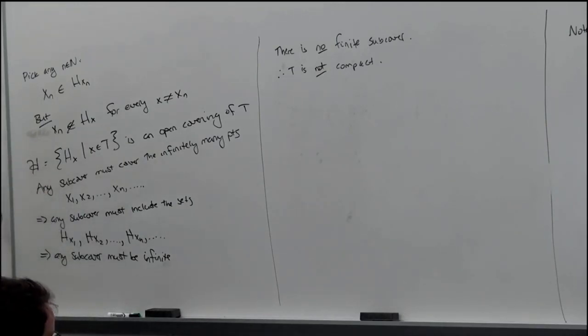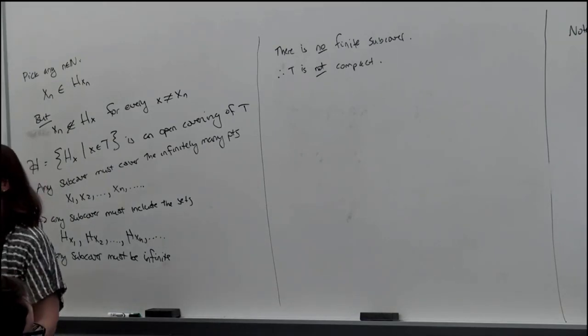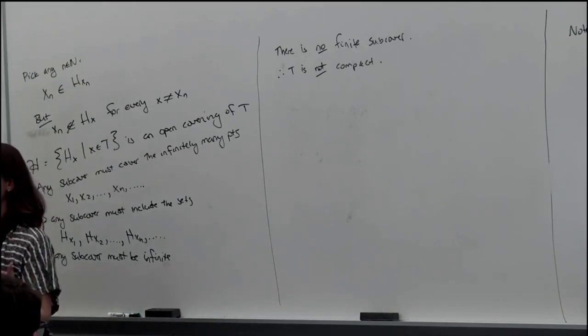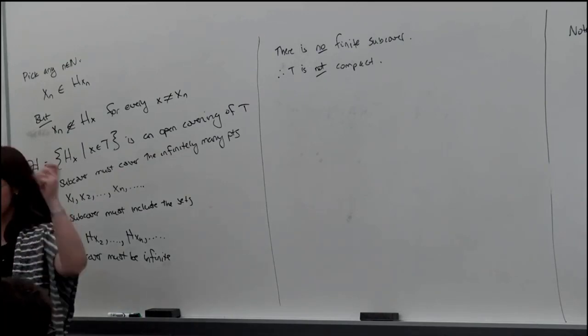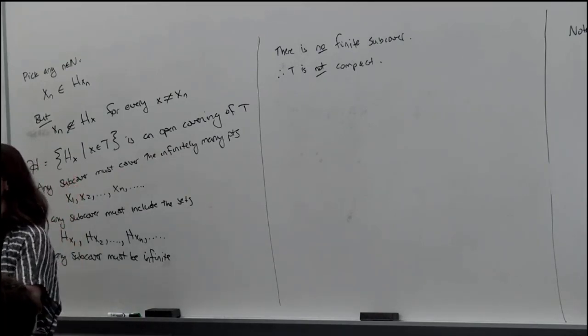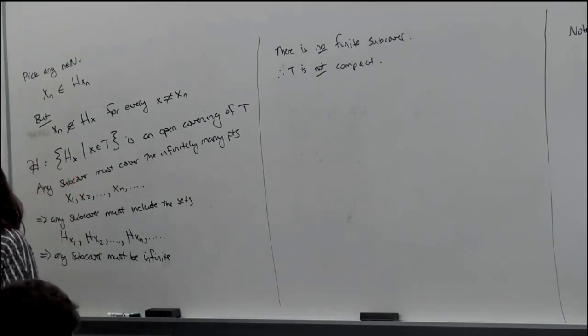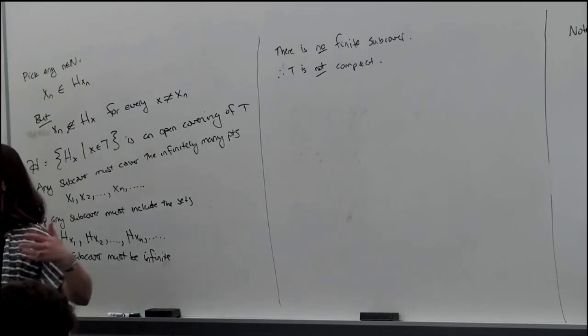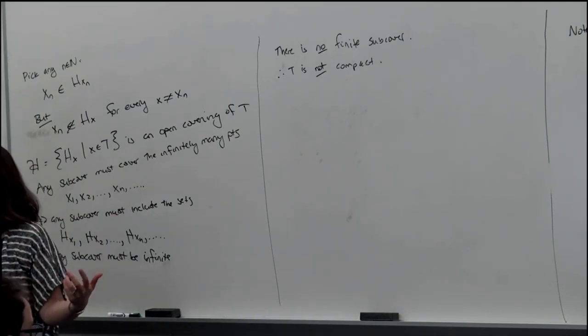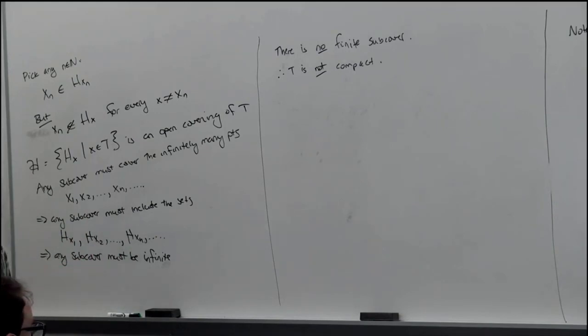Think of the example we do for R with the discrete metric. There's infinitely many of these things. They all stay close together in some sense because nothing is ever more than a distance 1 apart, right? But you could certainly imagine building non-convergent sequences. It's very easy to build non-convergent sequences in R in that metric.